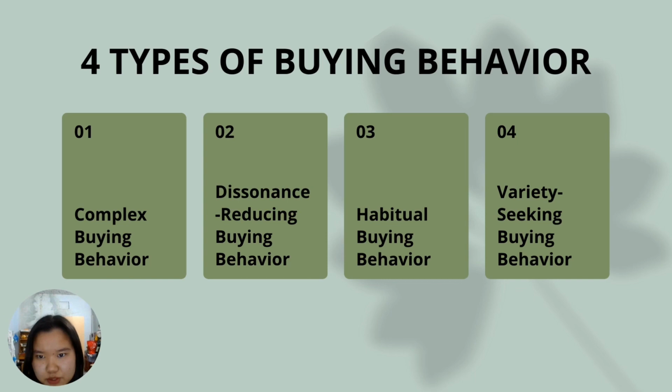The third one is habitual buying behavior, which occurs under conditions of low consumer involvement and little significant brand difference. Consumers undertake variety-seeking buying behavior in situations characterized by low consumer involvement but significant perceived brand differences.